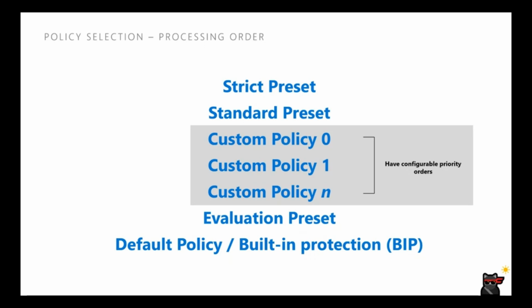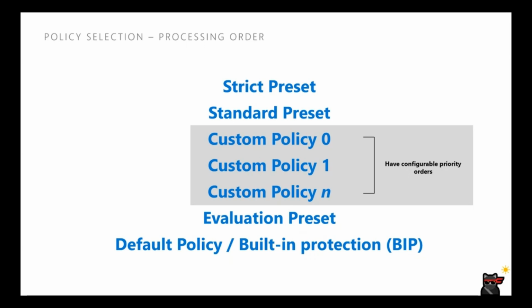So if you are not using the preset policies, note that the custom policy with the 0 is going to be the highest priority. So if you have all of your domains in the policy that's 0, we're going to stop there. If you try to create another policy that has a priority of 1 that's scoped to a very specific group of users, well, they've already hit the priority 0 policy, so they won't be evaluated for policy 1.